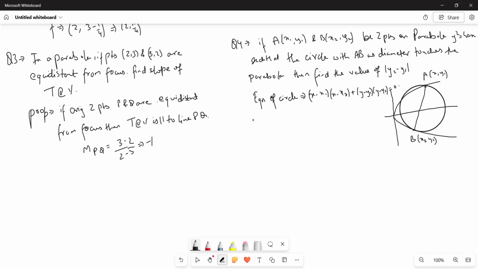Now, since this circle touches the parabola, I am now solving with the parabola. So we have y square is equal to 4ax, or x would be y square by 4a.